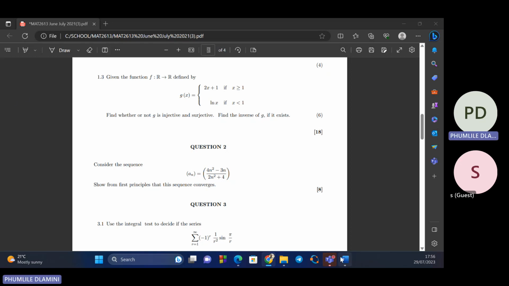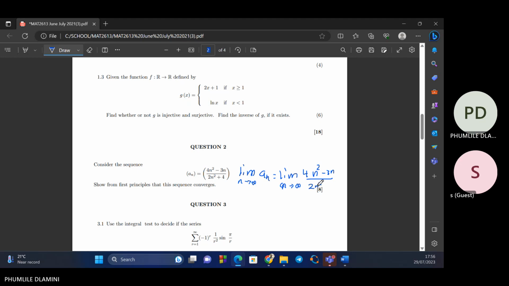The only thing you need to do is say, let me write it here, the limit as n approaches infinity of a_n equals the limit as n approaches infinity of 4n squared minus 3n over 2n squared plus 4.